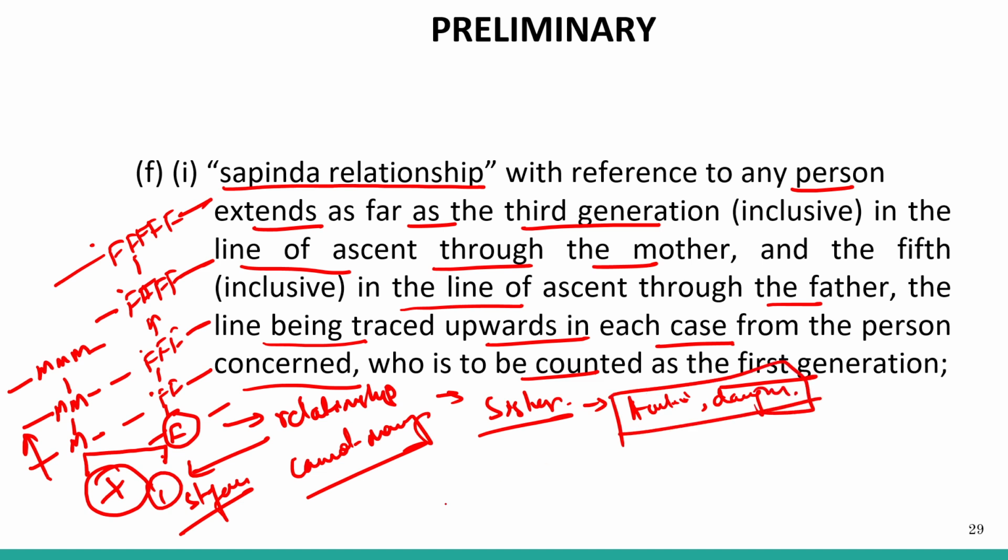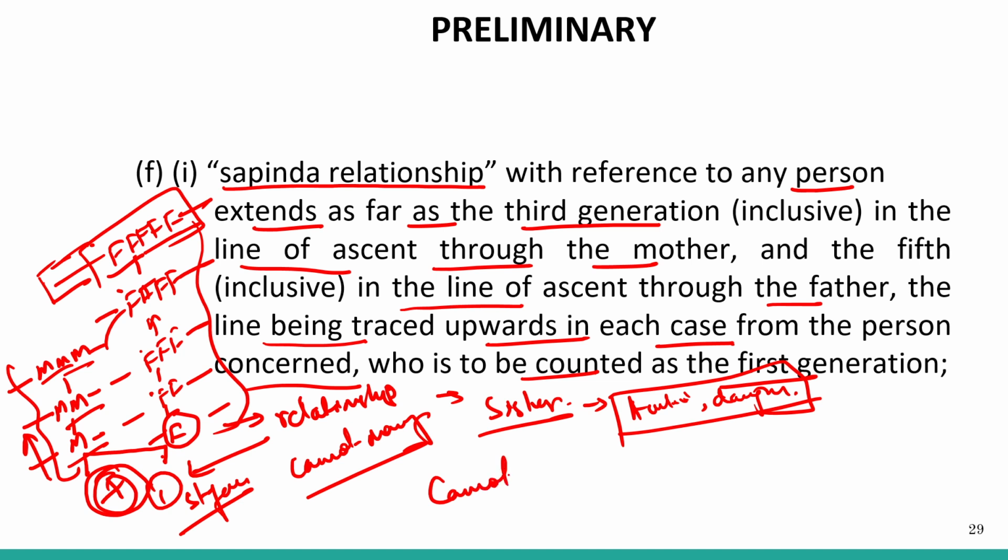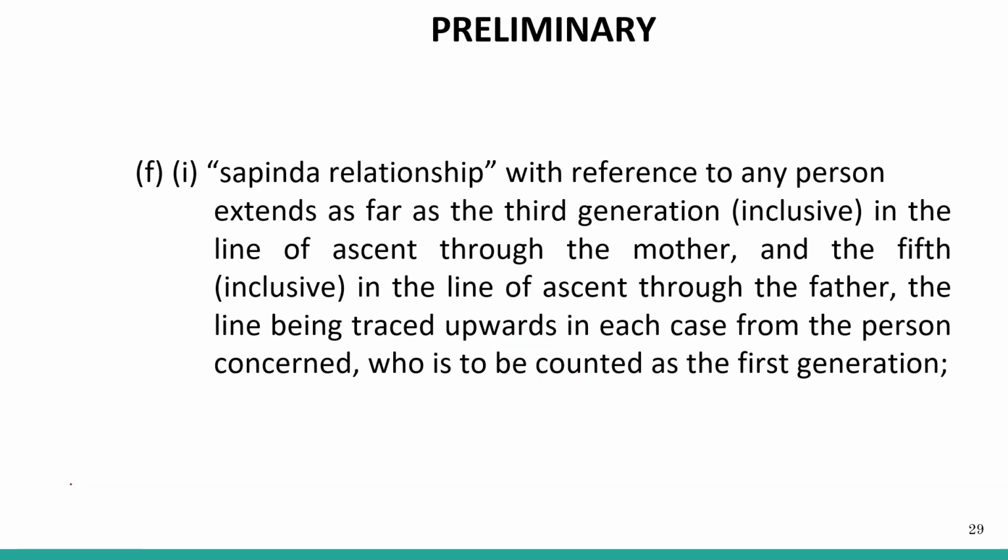So anyone who is somehow related along this line of ascent, up to the great great grandfather on the father's side and the great grandmother on the mother's side, 3 lines of ascent in the mother and 5 lines of ascent in the father, then this person X cannot marry that person, because that person will be considered a sapinda of X. That is why it is very important to understand that whenever there is a sapinda relationship between two people, with the same line of ascent, same mother and same father, that relationship is not considered to allow marriage to take place.